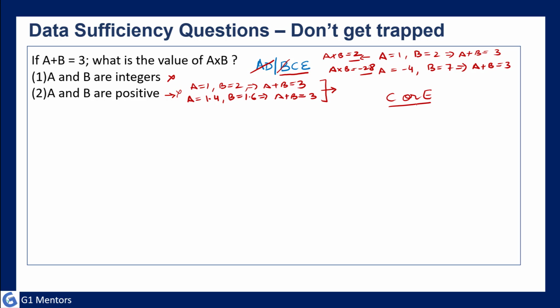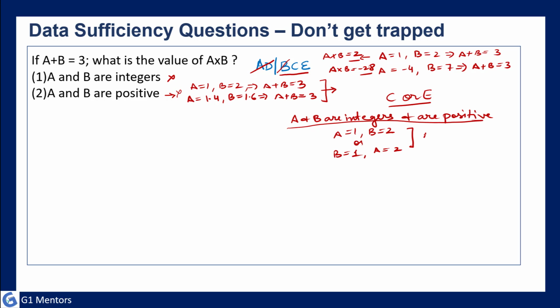Now let's see both the statements together. Both statements together say a and b are integers and are positive. So there are two choices that can come: a is equal to 1 and b is equal to 2, or b is equal to 1 and a is equal to 2.